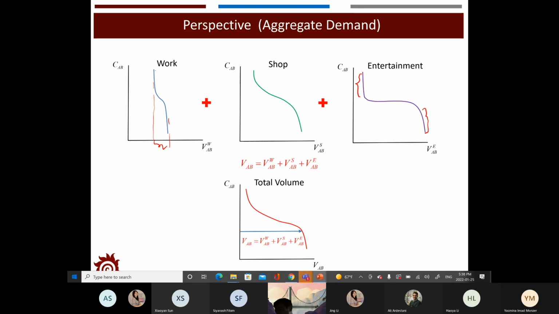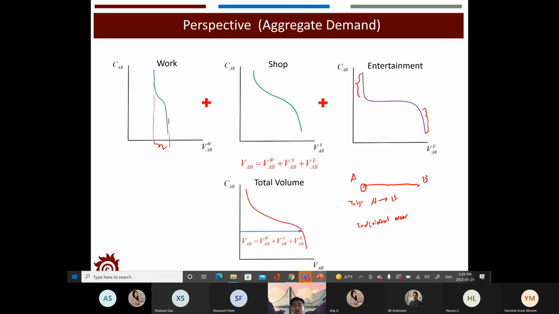In this case, I will give you a simple example. We are talking about point A to point B. So the aggregate demand here will represent how many trips there are from A to B. If we are talking about the disaggregate demand, it will represent an individual trip, an individual user.